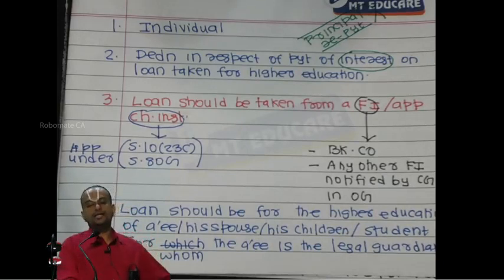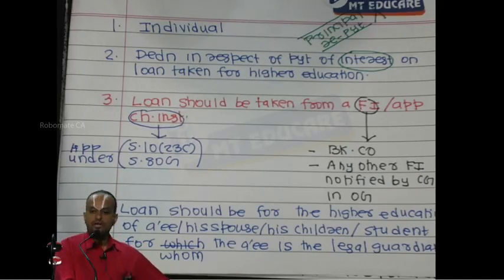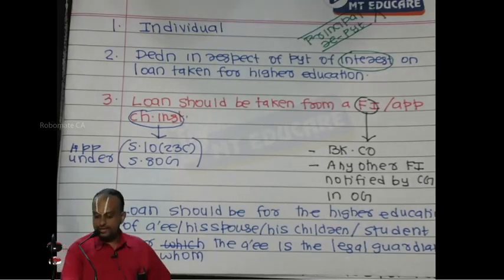So, to consolidate the discussion, who is eligible for deduction? Individual. Deduction is allowed in respect of what? Interest on loan taken for higher education, of the assessee, his spouse, his children, or the student for whom the assessee is the legal guardian.